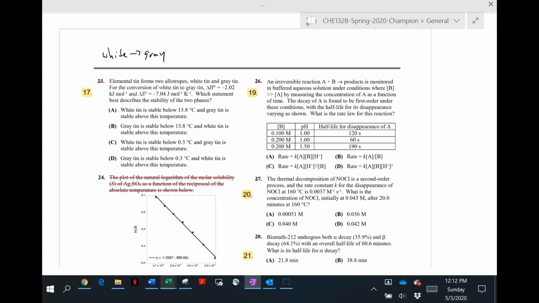We know that the point at which these are going to be in equilibrium, where delta G equals 0, is going to be their transition temperature.